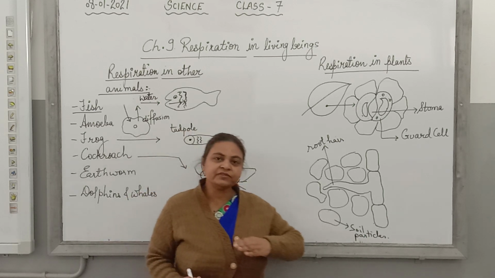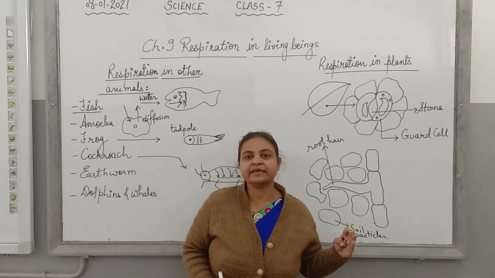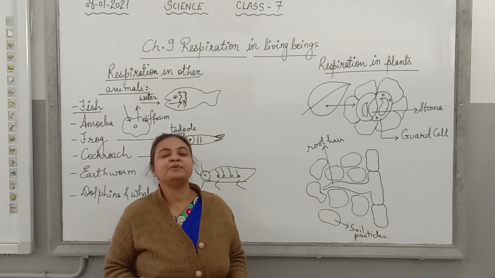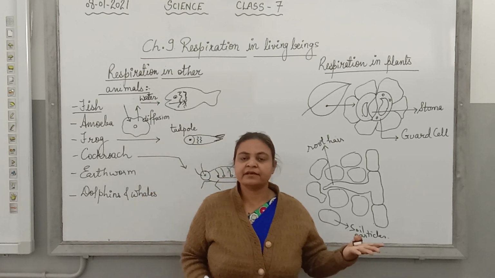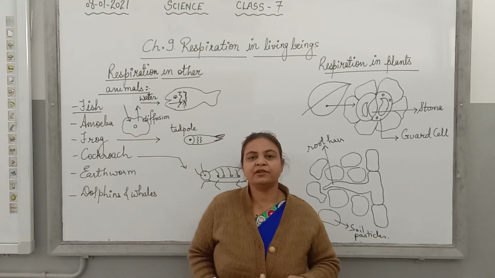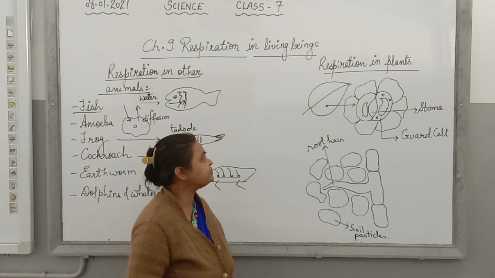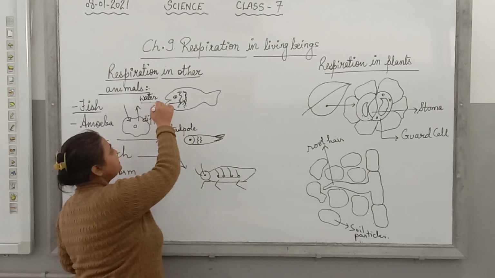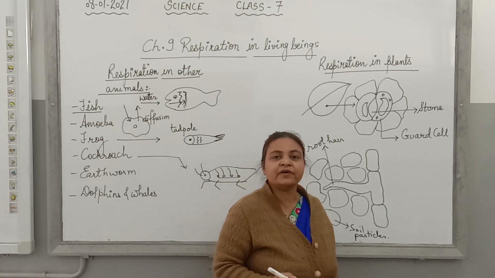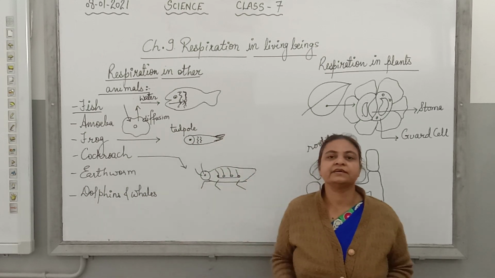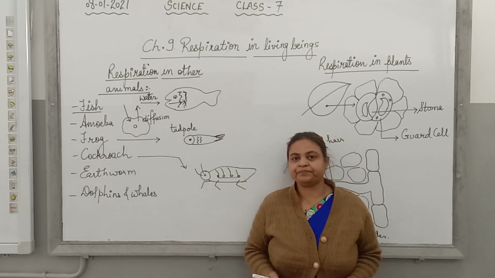So, as the water with oxygen passes over the gills, oxygen is absorbed by the blood and carbon dioxide comes out along with the water. So, this is how the fish breathes with the help of gills. Now, the question arises, why do fish die when they are taken out of water?